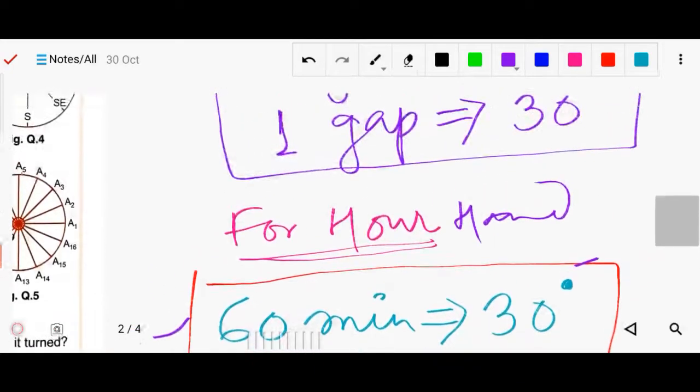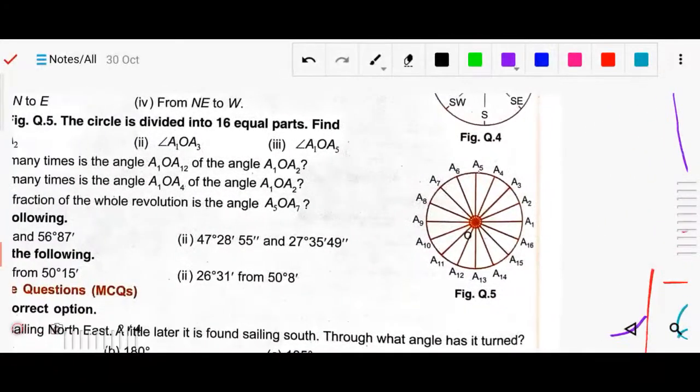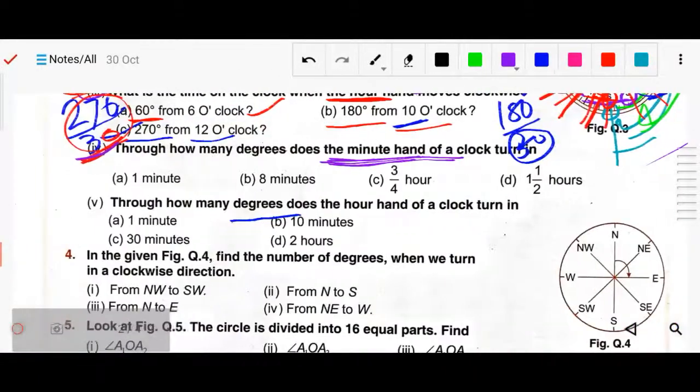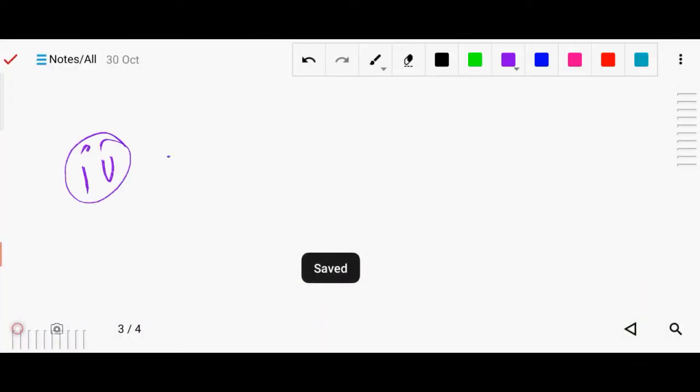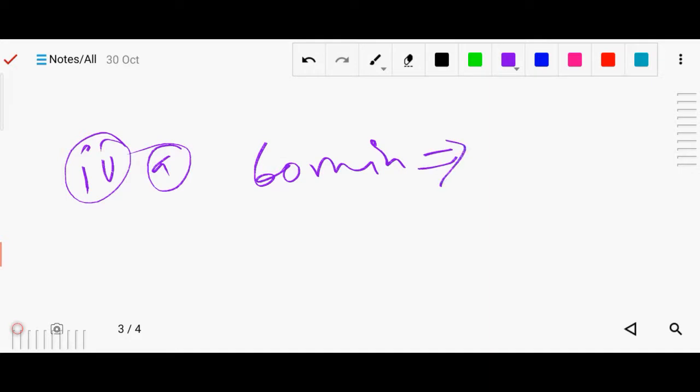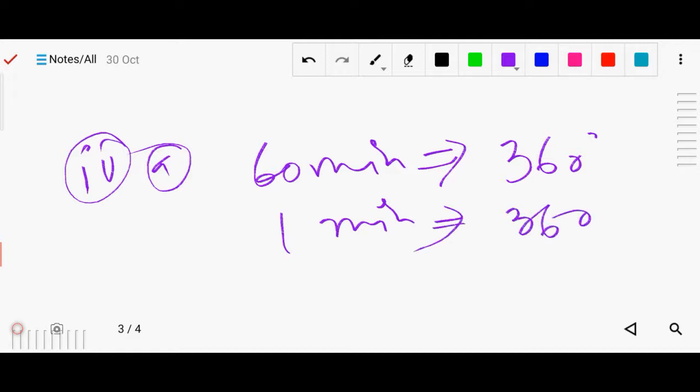The first question is 1 minute. In 1 minute, how many degrees? Very simple, you can write 6 degrees. How will you solve it? For number 4(a), in 60 minutes it covers a 360 degree angle, so in 1 minute it will be 360 by 60, which is 6.